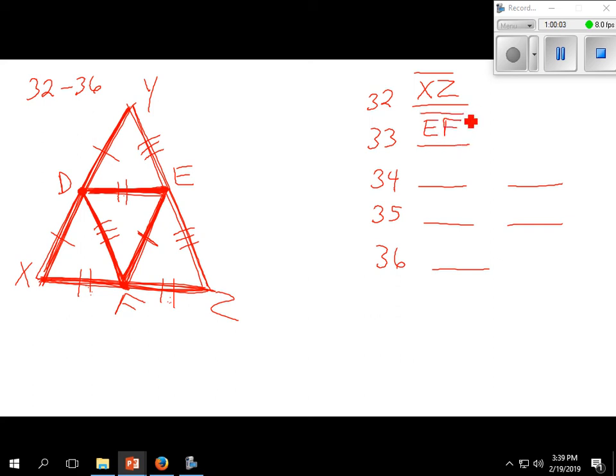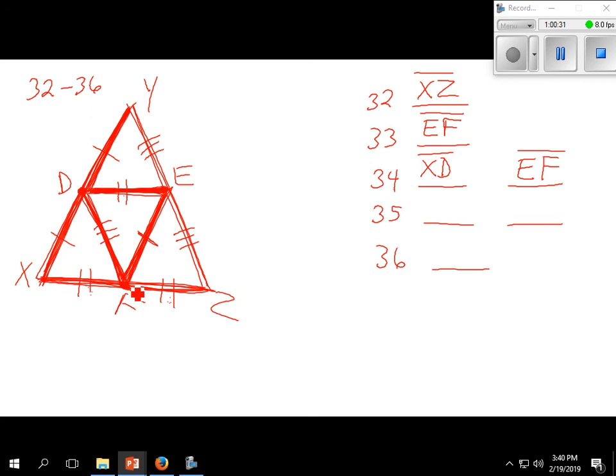If you used a line instead of a segment, that would work also. Then they say DY is congruent. DY is right here, it's got one tick mark. It's congruent to segment XD, and we know it's congruent to segment EF. Then the next one says DF.